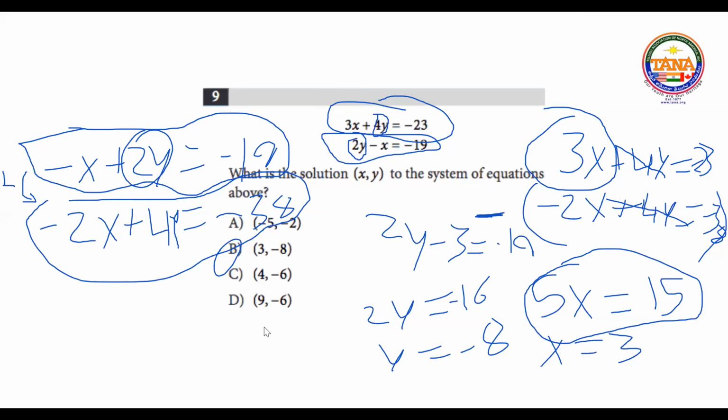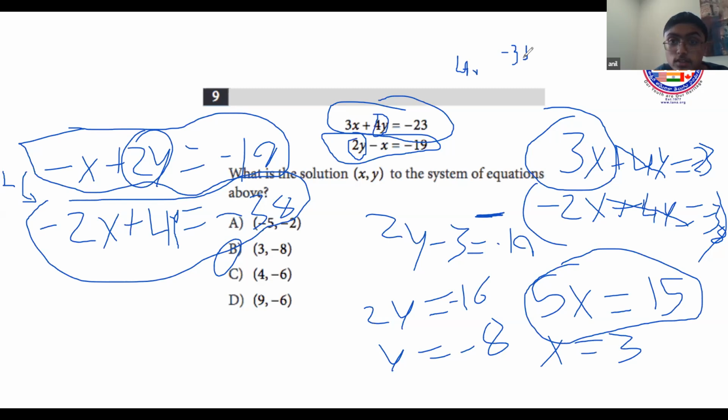So I plugged in B for the equation, but the answers don't come out equal. So I don't understand how it's 9, negative 8. So 4 times negative 8 is negative 48, or no, negative 32. Yeah, negative 32. Plus 9 is negative 23.